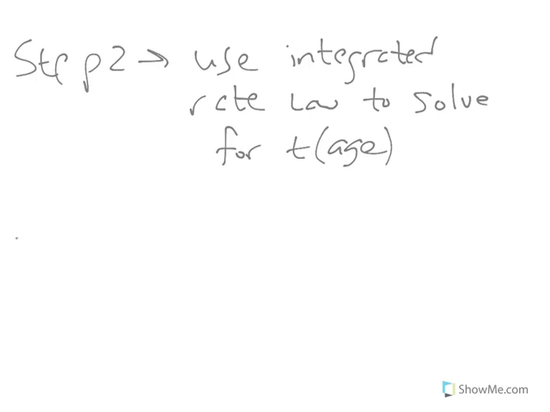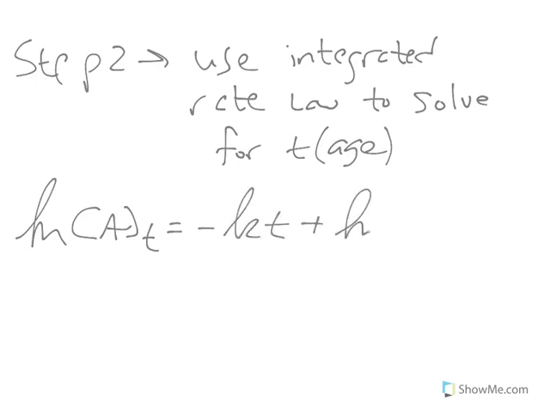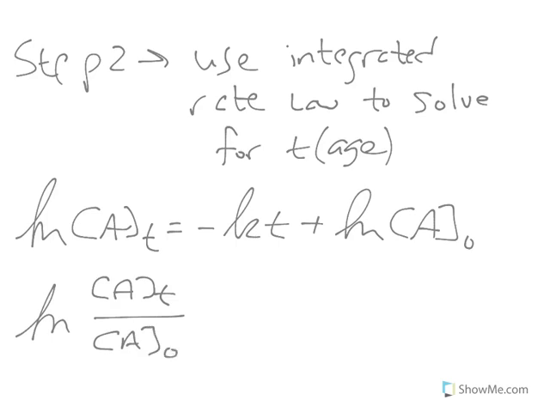So, integrated rate law says ln of AT is minus KT plus ln of A0. And I can go ahead and move these things around. So I'm going to do ln of AT over A0 is equal to minus KT.